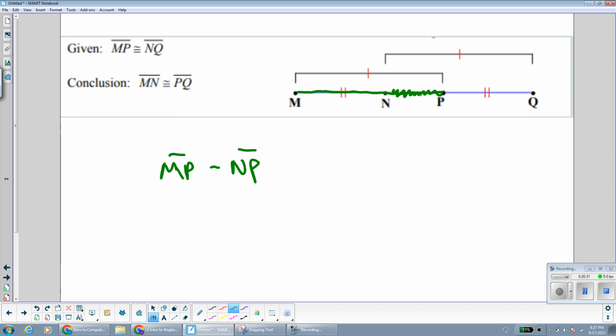Take away NP, this piece, leaves us with MN, which is what we want. And on the other side, we're starting with NQ. But we don't want NQ. We want to end up with PQ. So to just have PQ, we need to get rid of NP, and then we'll just be left over with PQ.